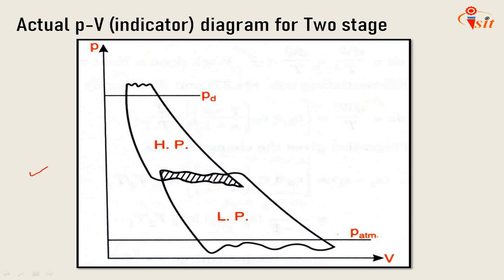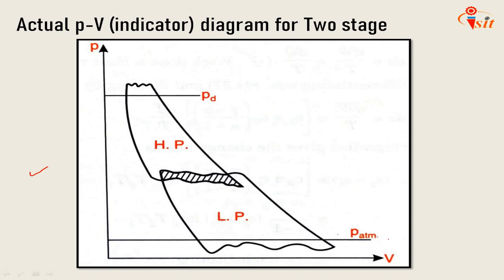And clearance effects are plainly visible in the actual indicator diagram. The inertia and friction effects which result in wall flutter increase the area of the diagram slightly, and hence their effect is to increase the total work of compression.